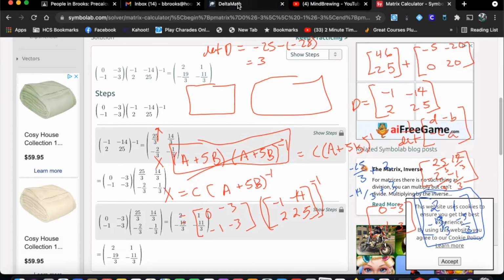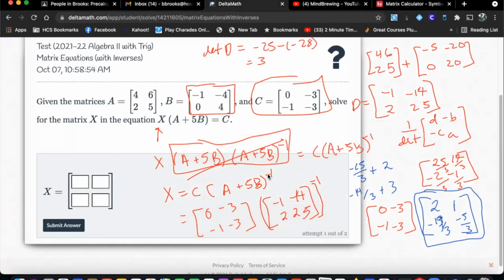Oh, I know what I did. I put 3 here. This is why I love using these. You can kind of check and see what happened. What I did was when I multiplied negative 3 by negative 1/3, I put a 3 here. That's definitely not 3. That should be positive 1. And then 1 is 3/3, and that's how this should be negative 9/3.